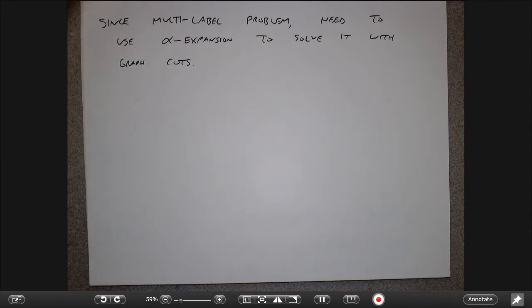And I keep looping through this process until all the labels have settled down. Again, in the two-label case, we have explicit guarantees that the labeling will converge to the global minimum. In the multi-label case, we don't have the same guarantees, but in practice it works really well. Not having the explicit guarantees wouldn't stop you from using the algorithm.